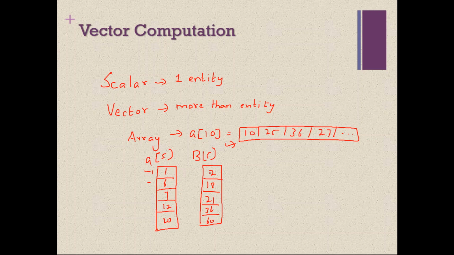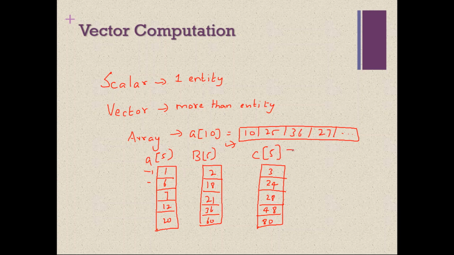Now we want to add these two vectors and create another vector, which we call vector c. Vector c is just the addition of vectors a and b, so it will contain 1 plus 2 is 3, 18 plus 6 is 24, 21 plus 7 is 28, 36 plus 12 is 48, 20 plus 60 is 80. This is called vector addition.